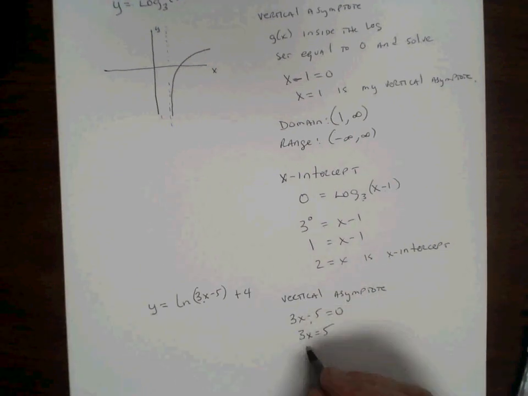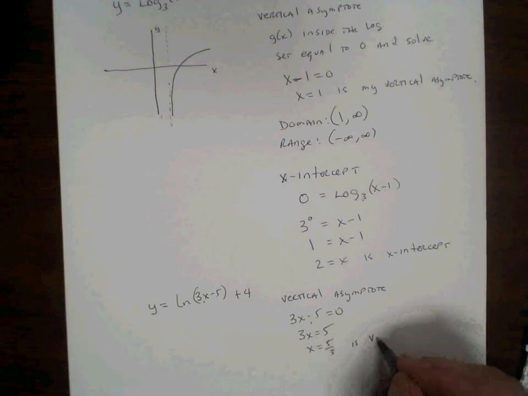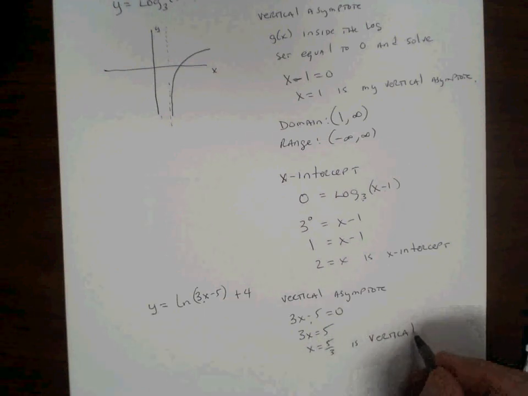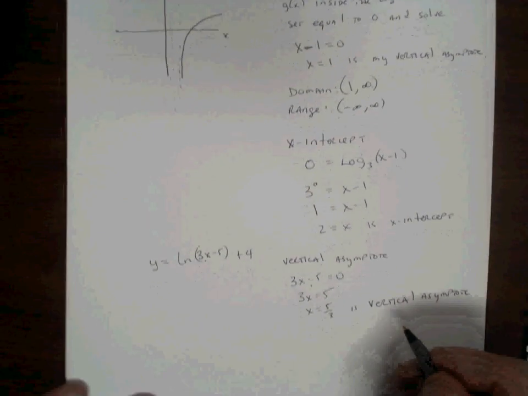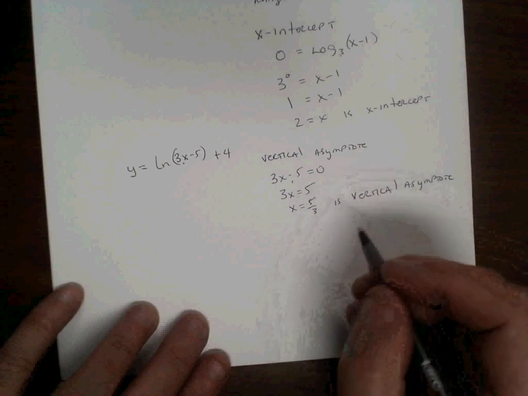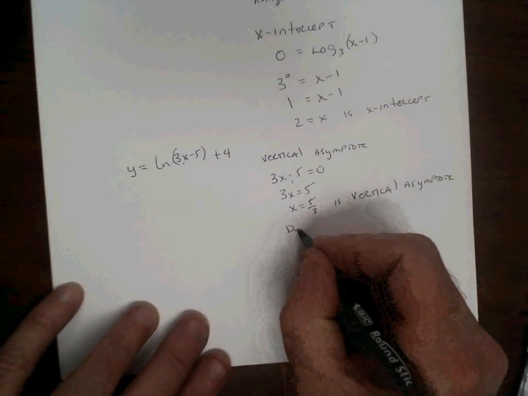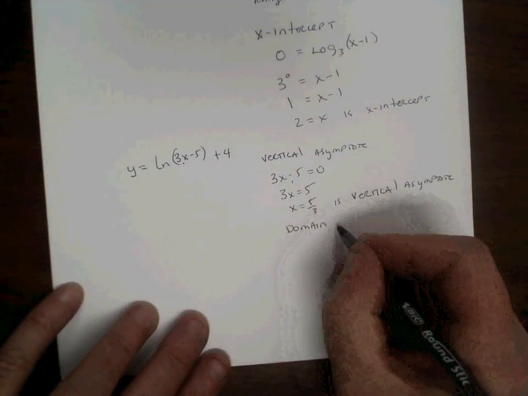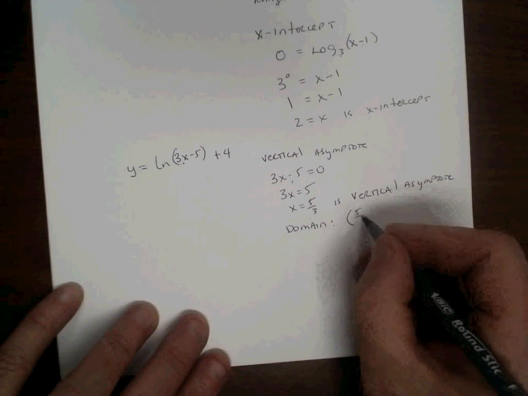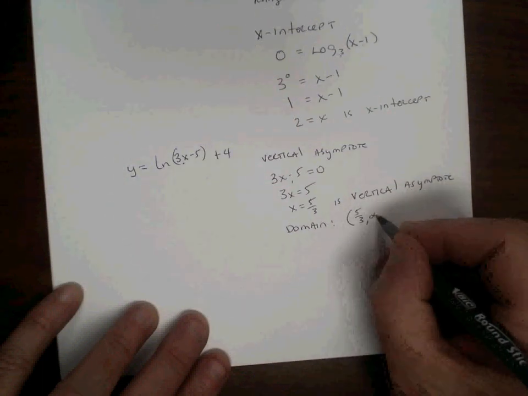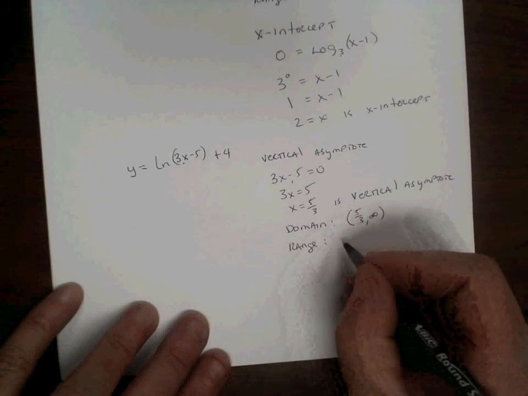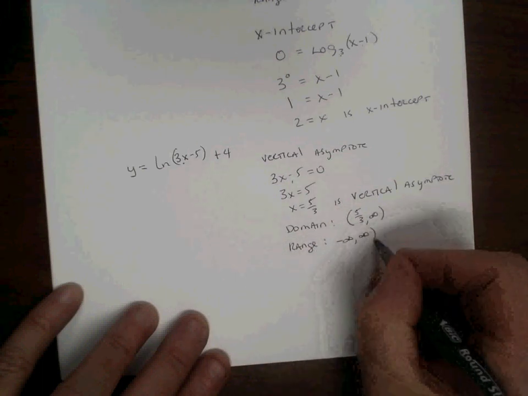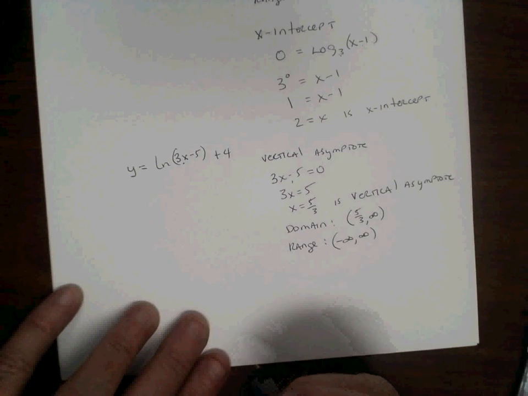Add 5 to both sides. Divide by 3. And we get our vertical asymptote. It's x equals 5/3. That's also the boundary for my domain, not including it because it's an asymptote. My range is, once again, if you graph it, you'll see it's going to be negative infinity to infinity.